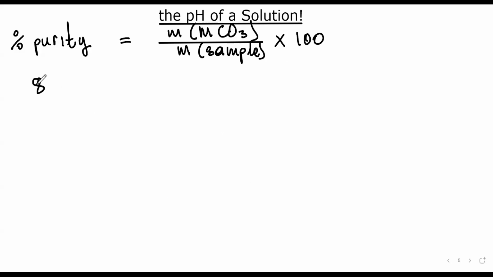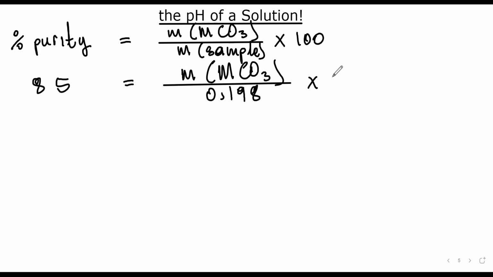So here we are given that the percentage purity is 85. We need to find the mass of this metal carbonate, but they told us the mass of the entire sample. They said it's going to be 0.198.